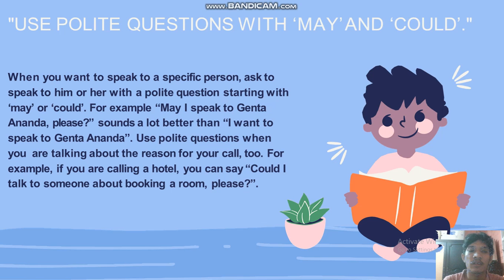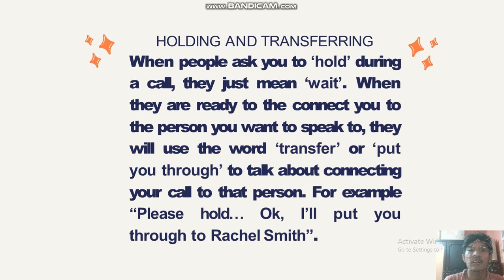Sounds a lot better than "I want to speak to Genta Ananda." You use polite questions when you are talking about the reason for your call too. For example, if you are calling a hotel, you can say, "Could I talk to someone about booking a room, please?"